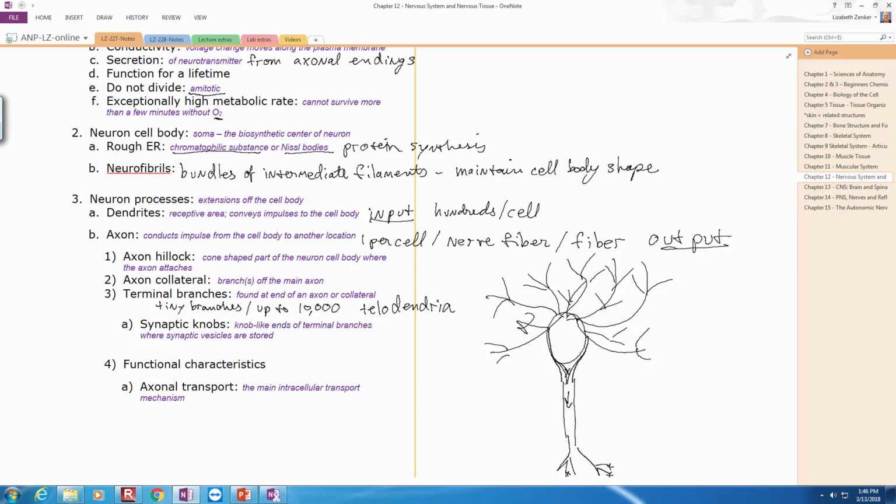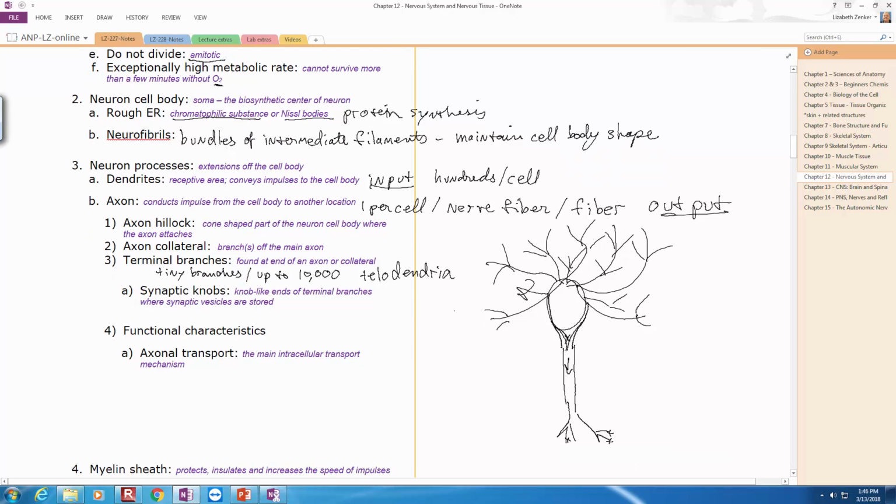Synaptic knobs, you guys were already familiar with when we talked about skeletal muscle physiology. So the synaptic knobs were on the neuron that was communicating to the muscle. So it's the knob-like ends of the terminal branches where the synaptic vesicles are stored. And what's stored in our synaptic vesicles? Neurotransmitter, ACH, or if you're talking about something else, it could be norepinephrine or something else. But mainly we're talking about ACH as the neurotransmitter for skeletal muscle, correct?